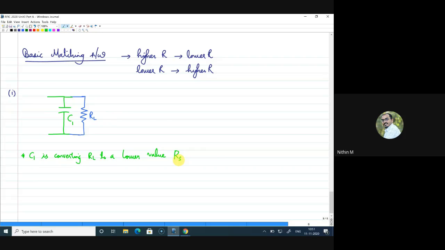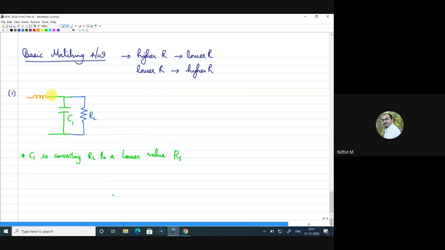Now, if I add a C1 element, what I want is a pure resistance, but C1 will bring some reactance into the network. I need to cancel that reactance, so the ideal way is to add an inductor to the network.